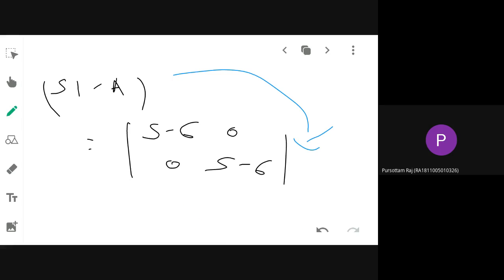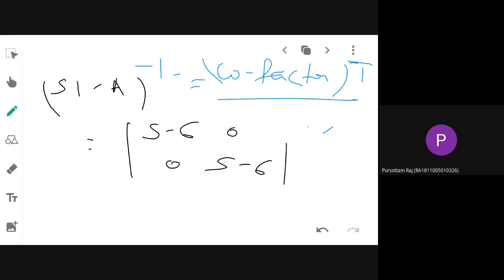Now next thing is I need to find out the inverse of this sI minus A. So for finding the inverse, what is the formula that I have told you last class? You have to find out the cofactor transpose, then you need to divide that by the determinant, thereby you will be getting the inverse of this matrix. So how will you find out the determinant of this matrix?